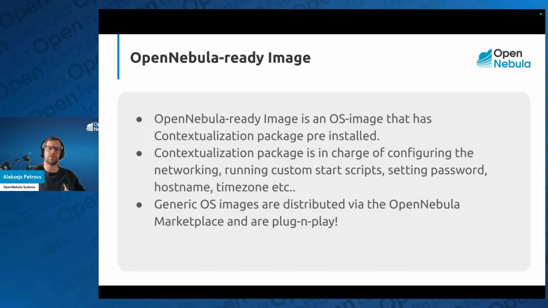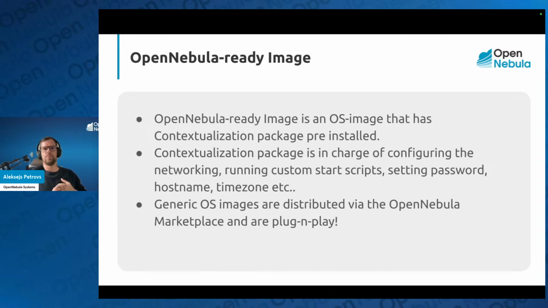Whenever you try to change something on the running virtual machine, for example, the password, say you forgot your root password and suddenly need to access it, or you would like to change the secure shell key because you lost yours and need to substitute one, that part will also be handled by the contextualization package. So you change that on the running VM, and then the reconfiguration happens. Again, that small layer is a very, very important one.